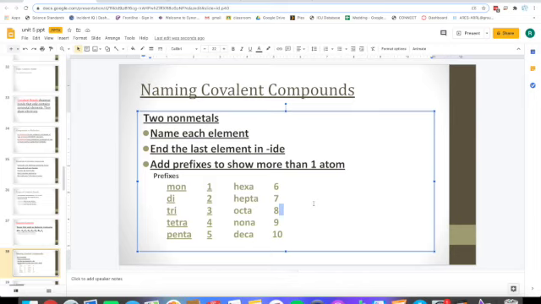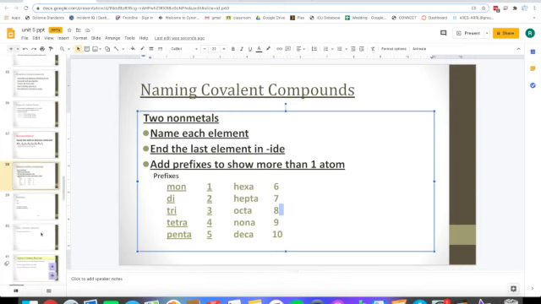These are very similar prefixes that you may have seen in math, like octagons have 8 sides or hexagons have 6 sides. So these are fairly similar, and they will be used when we name these compounds.